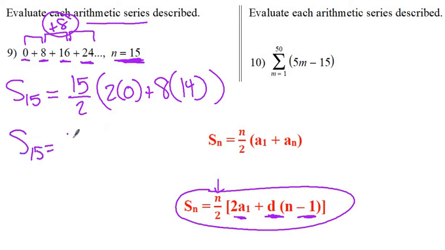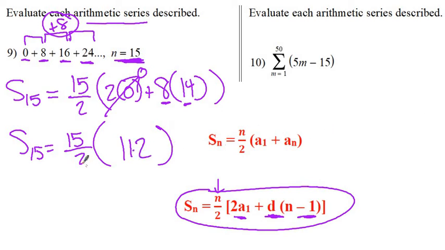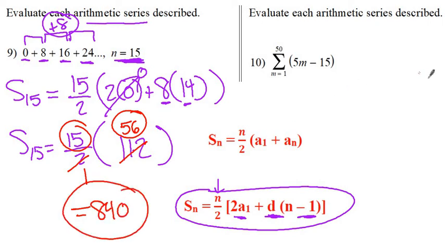So I'm going to keep this as 15 over 2 for now, and you'll see why in just a sec. 2 times 0 is 0, so that just doesn't even need to be there. And then 8 times 14 is 112. Why did I keep it as 15 over 2? Because now you can cancel 2 going into itself once. 2 goes into that 56 times, so you're left with 15 times 56, and that, I believe, turns out to be 840.